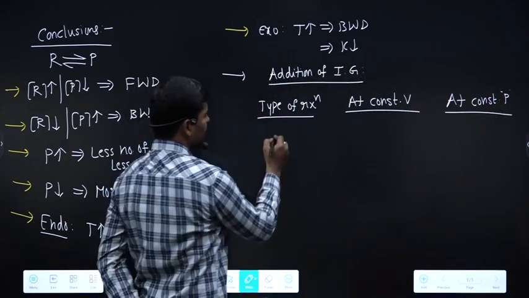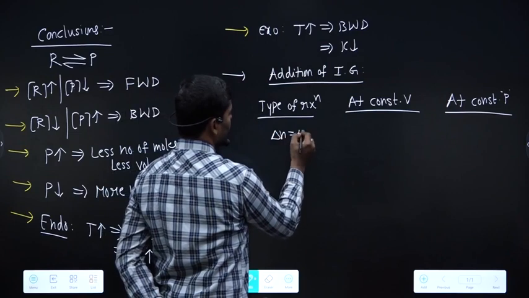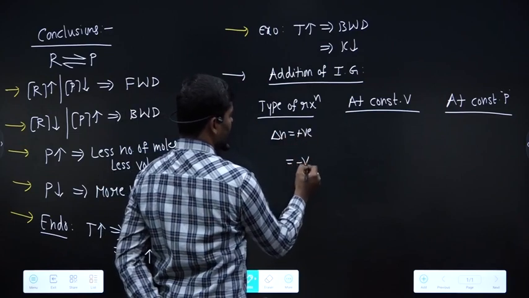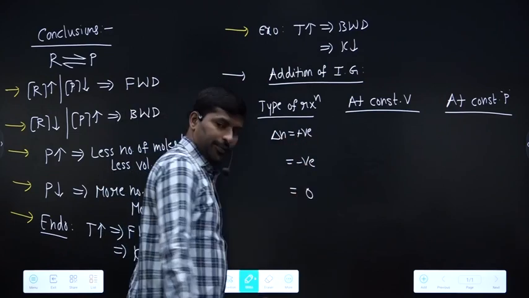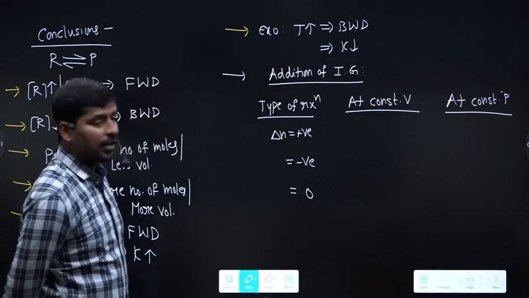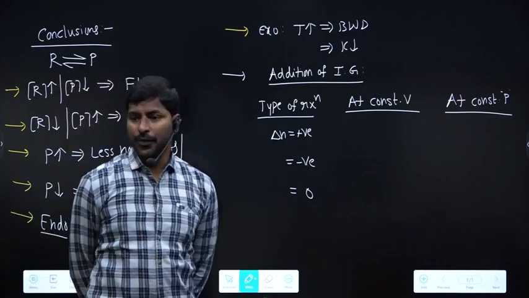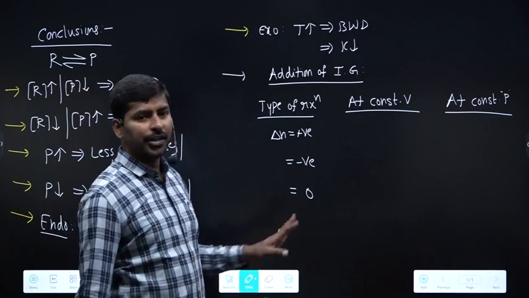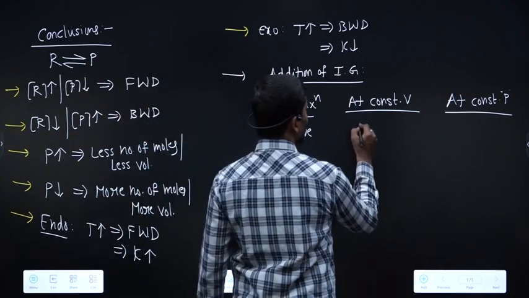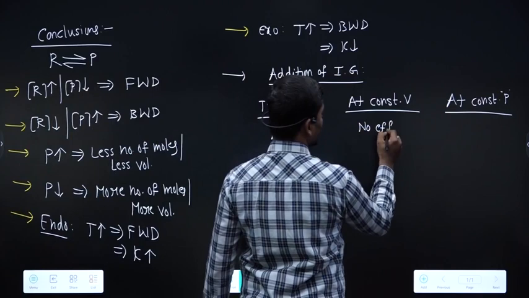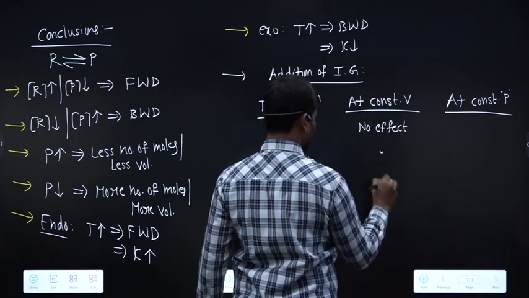Type of reaction means delta N positive, delta N negative, delta N zero. At constant volume, whatever the type of reaction, there is no effect on equilibrium.